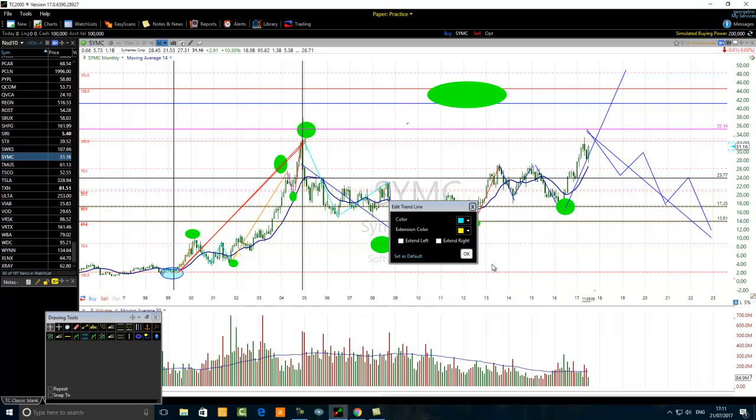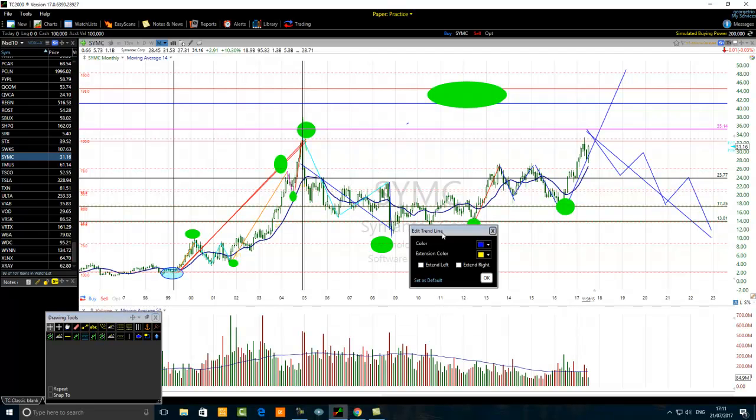Pay attention to what we are doing here. So the second wave was 1, 2, 3. And the corrective phase was also 1, 2, 3. Our expectation is fulfilled right here. Price did a similar thing, except that this low was deeper than this one here. Here we have an equal low.